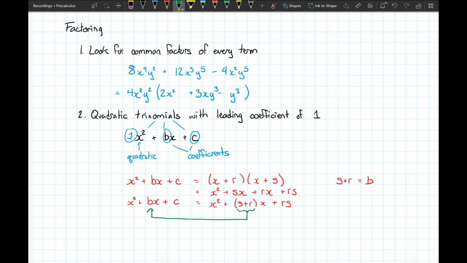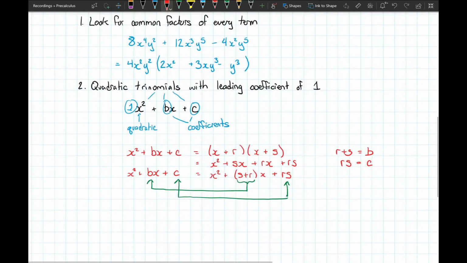And matching coefficients at the end here, the constant, if it is possible to factor it this way, then we must have that r times s is equal to c. Now, just for convenience, I'll change this from s plus r to r plus s so that everything's written in the same order.